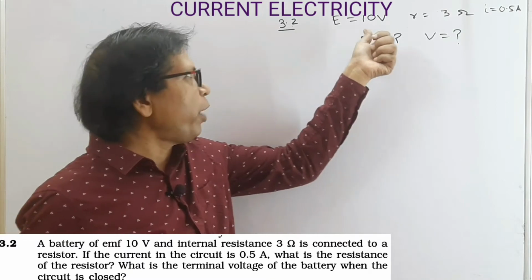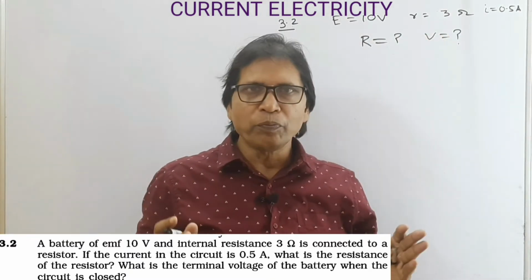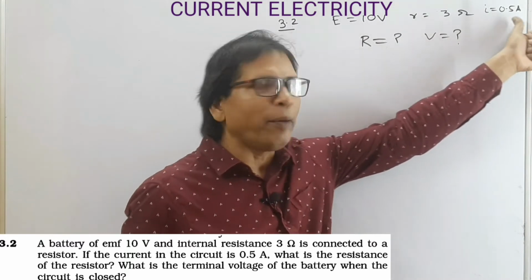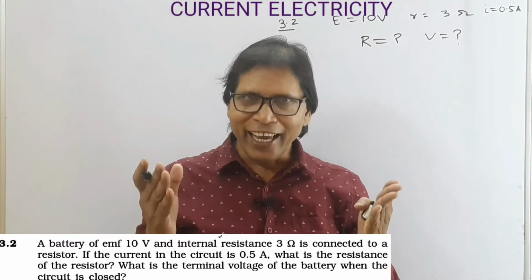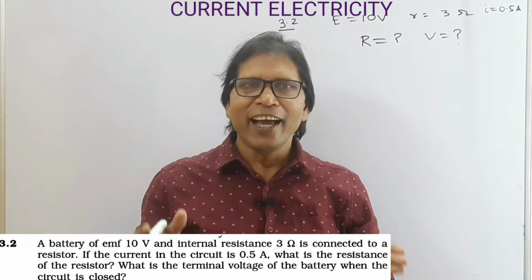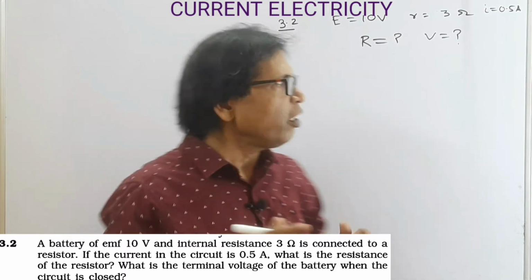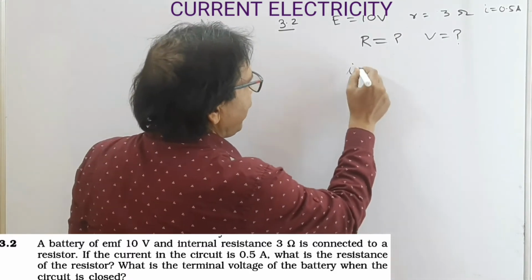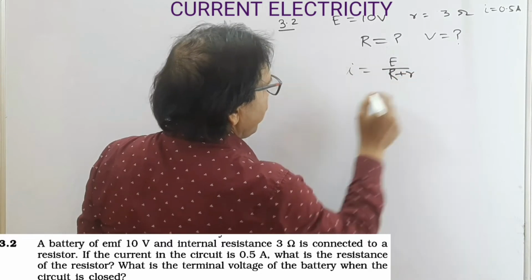Look at this, the numerical 3.2. A battery of EMF 10 volt, internal resistance 3 ohm, sends current 0.5 ampere. Now we have to calculate the external resistance and the terminal potential difference. Now we know the current I equals E divided by R plus r.